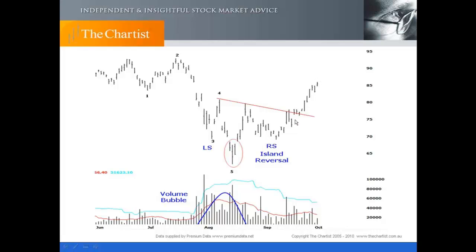So we've got a combination of many patterns going on. We've got the volume bubble, we've got the island reversal, and we've got a head and shoulders reversal pattern. Very, very bullish, and by the looks of it, prices have kicked on out of that pattern. So again, 5 waves down, 1, 2, 3, 4, 5, head and shoulders reversal, A, B, C. This is just an absolute cracker buying opportunity down here, based not just on an Elliott wave.